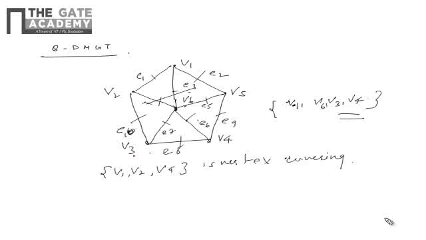So these are the edges I have named. This one is e4. Now find out which edges this set is covering.